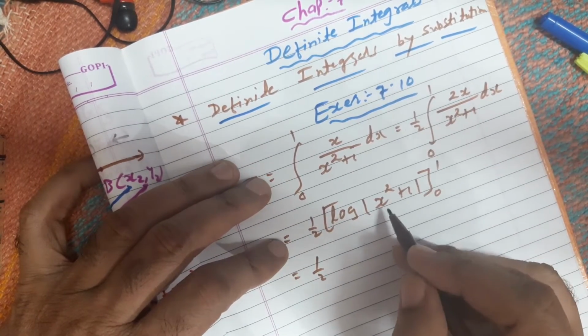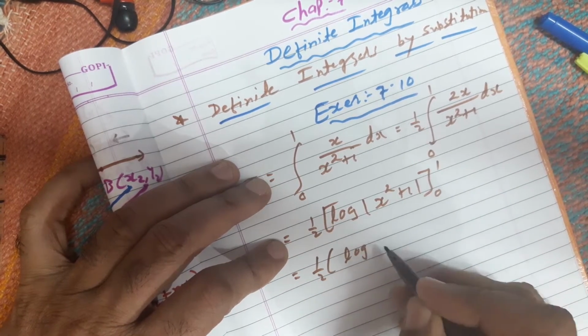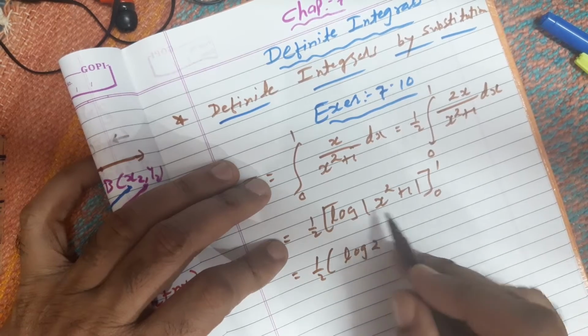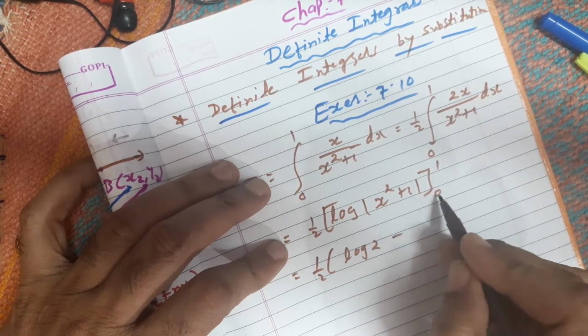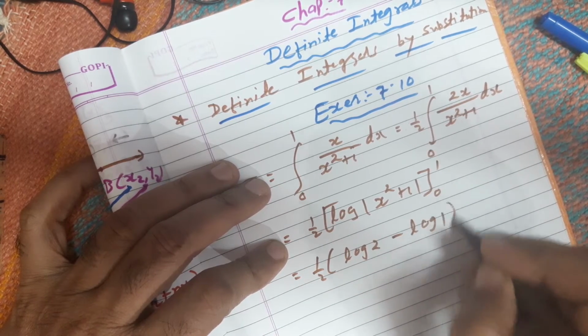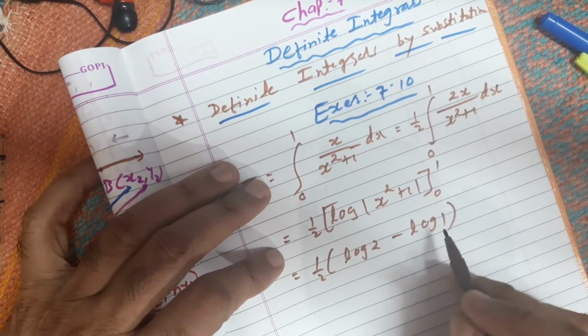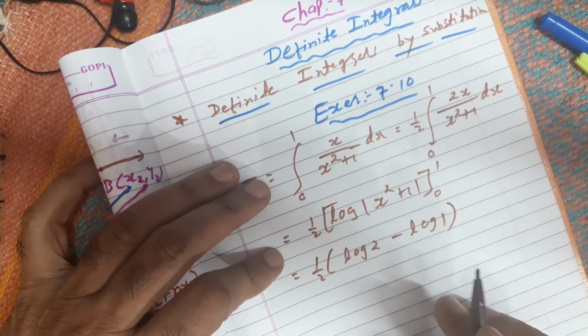First I put 1. So it will be log of 1 plus 1, log 2, and its modulus is removed because it is positive, and minus, when you take 0, it will be log of 1. But log of 1 is also 0, because for any base, log of 1 is always 0.